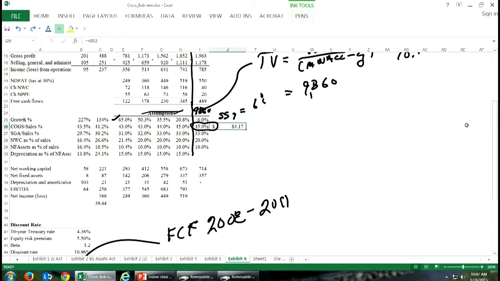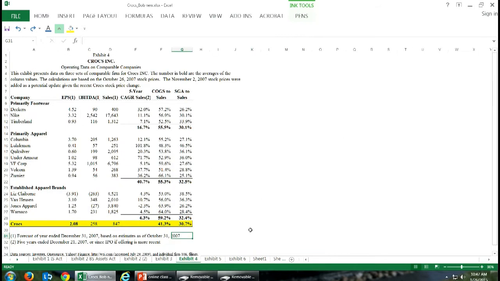Now, let's focus on two things. First, do these margins, the cost of goods sold and SG&A, represent a situation where there's a competitive advantage? Let's go back over here to Exhibit 4. In this case, what we see is that cost of goods sold for everybody else, even these growth firms, is like 55%, and SG&A to sales is like 33%.